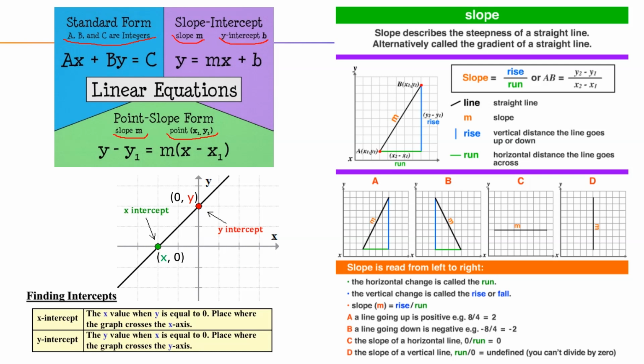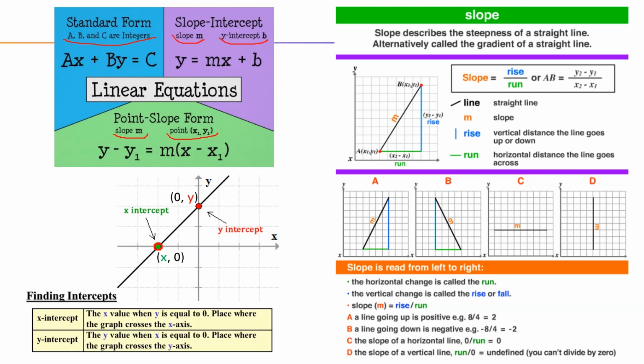So we review finding intercepts. If we call it the x-intercept, it means the graph will cross the x-axis at a point, and that point is called the x-intercept. To write that as a coordinate pair, the point will be (x, 0).